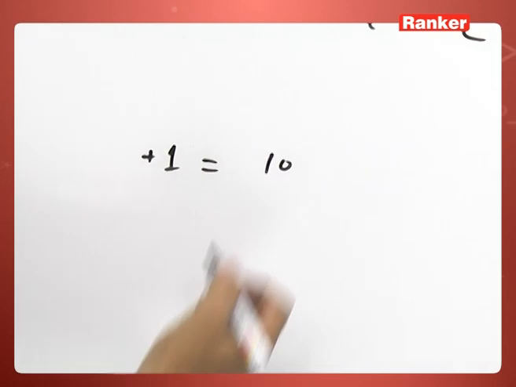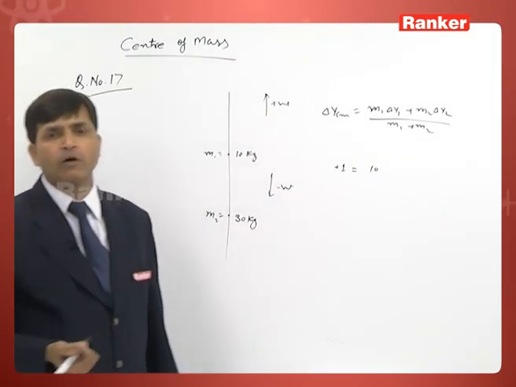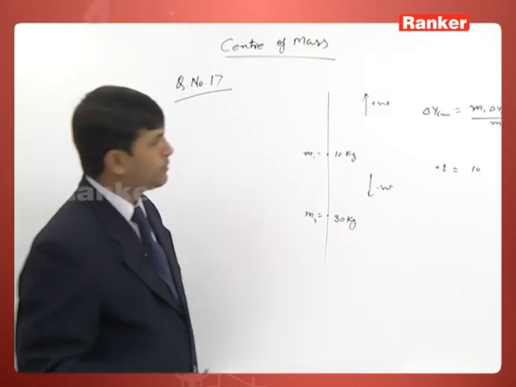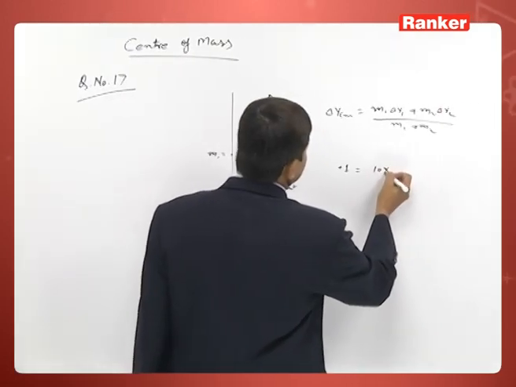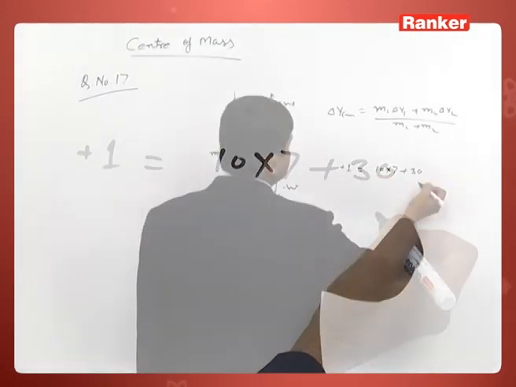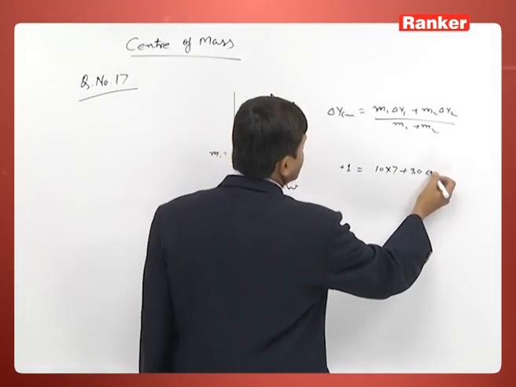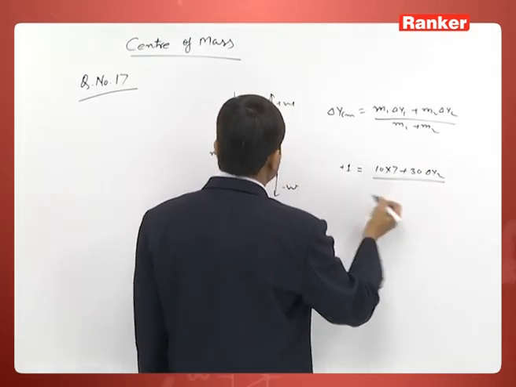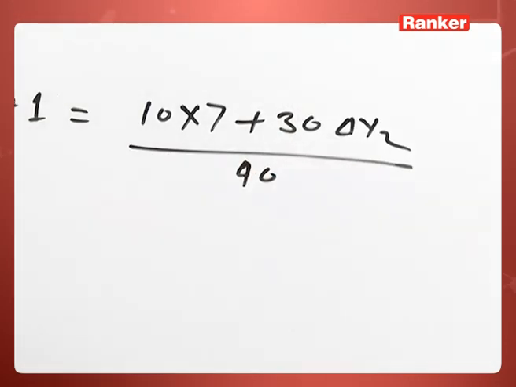M1 is 10, and it has been given that the first block is moved by 7 centimeter upward. So, 10 into 7 plus M2, which is 30 kg, and delta Y2 we have to find, over M1 plus M2, which is 10 plus 30, that is 40.